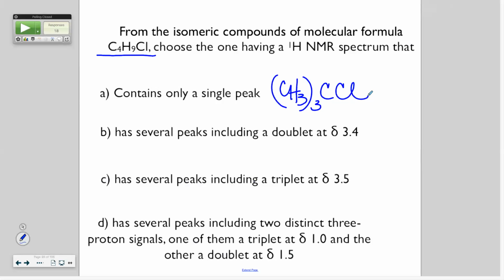Okay. So which one do you think would be shifted down to 3.4? What is doing the shifting on this? The chlorine is. So which one has a doublet that's by the chlorine? It does if you're right close to it. That's why it's down to over 3. So it's really high.